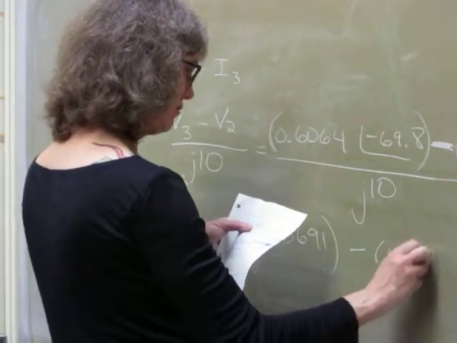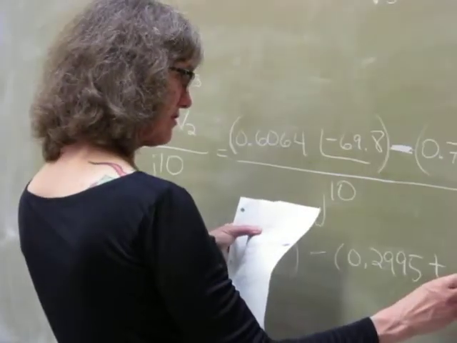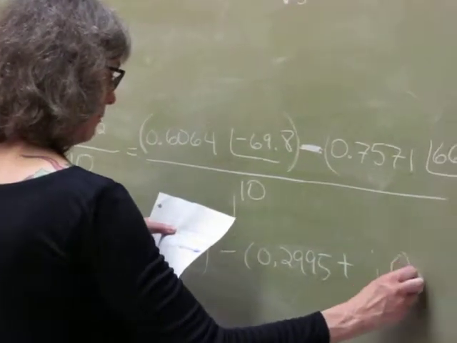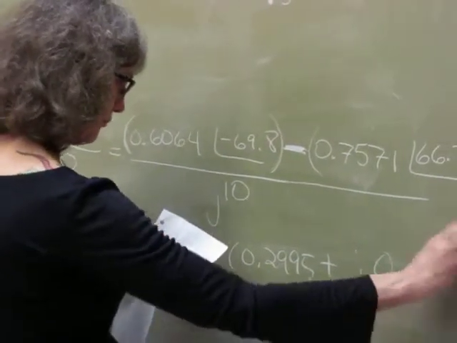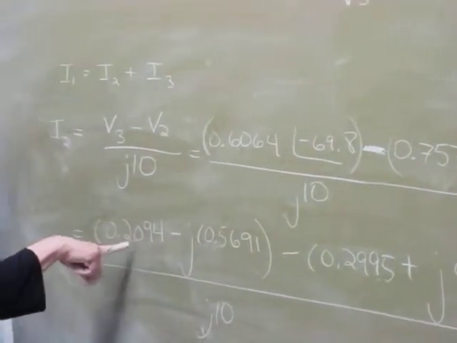You'll get 0.2995 plus j times the sine of 66.7, which is 0.6954, all over j10. Okay, so now you can do the math.